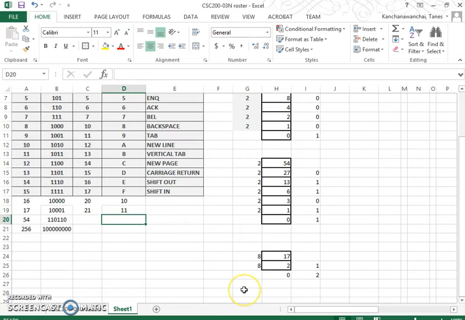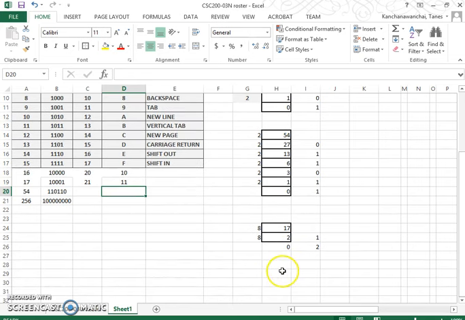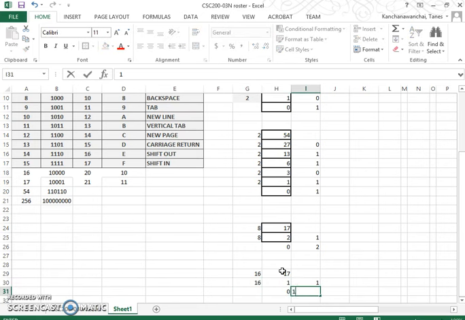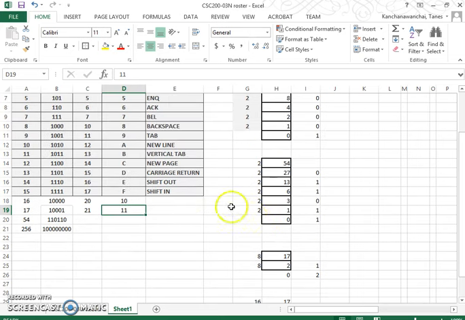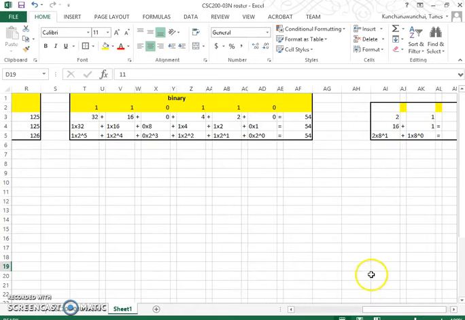Let's see, example: 17 divided by 16 is 1, remainder 1. Correct? And 1 divided by 16 is 0, remainder 1. So that's why we have 1, 1 back. And the same, if you convert back, it's 16 to the 0 and 16 to the 1. You get 17 back.